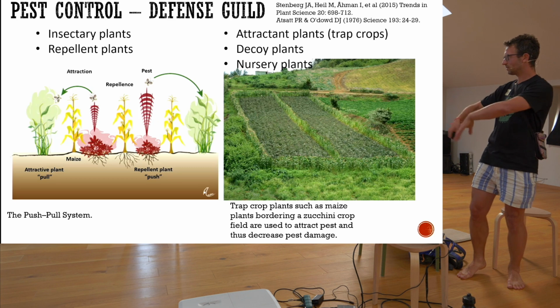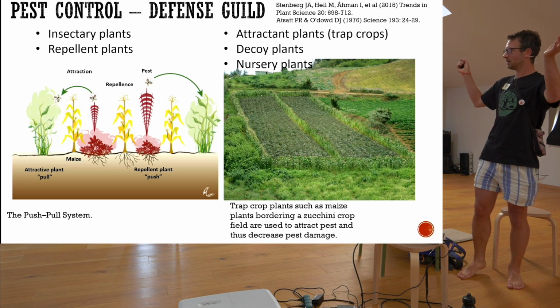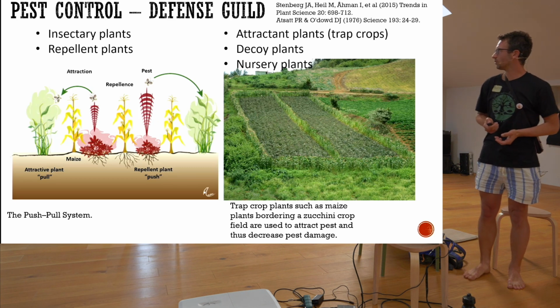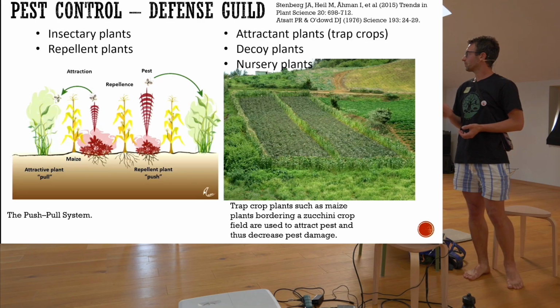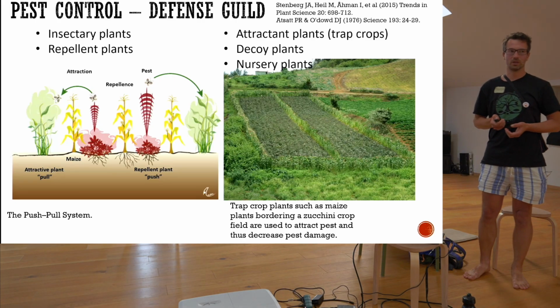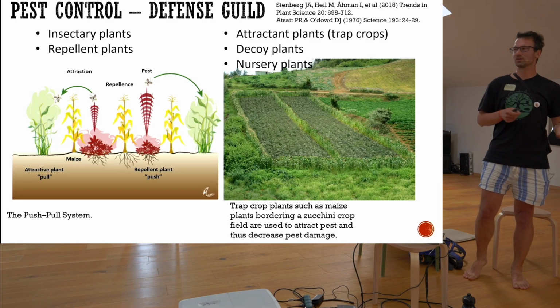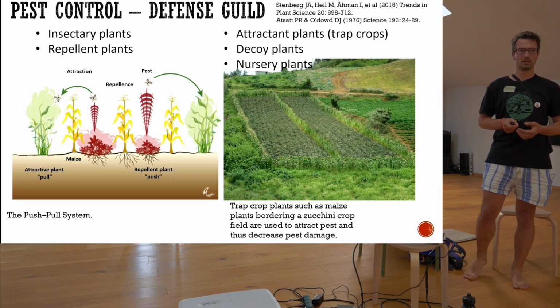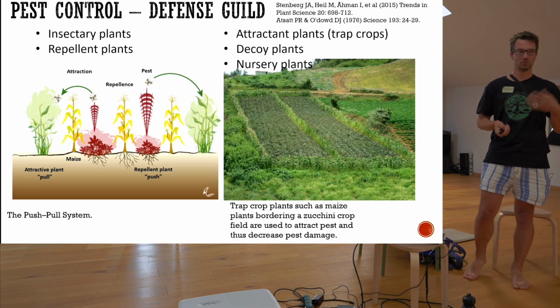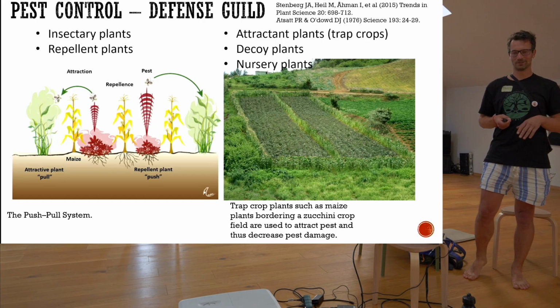So the pest is repelled from your crop and goes to this more attracting species. Some of these attractant plants are decoy plants that decrease fecundity or propagation efficiency of your pests.